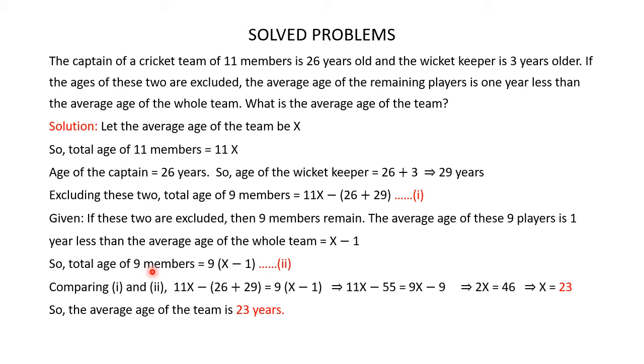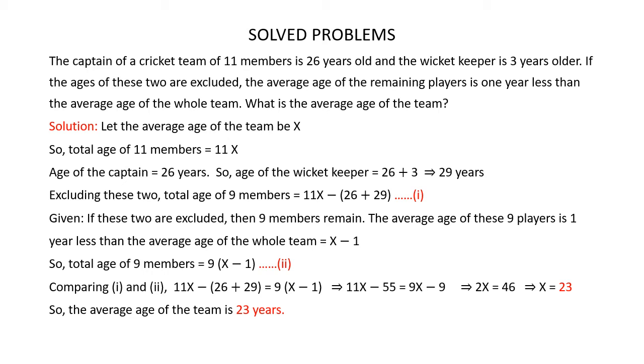So total age of 9 members is equal to the number of players multiplied by the average age of the players. So total age of 9 members is equal to 9 multiplied by x minus 1. This is the second equation.